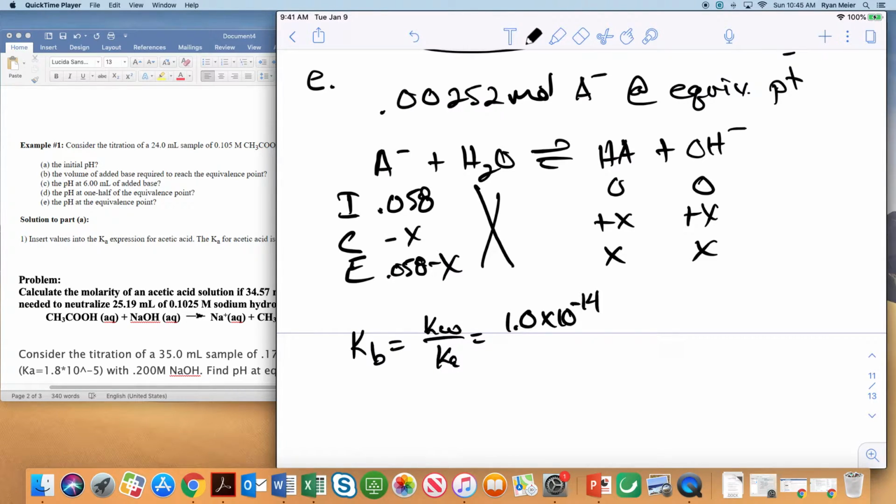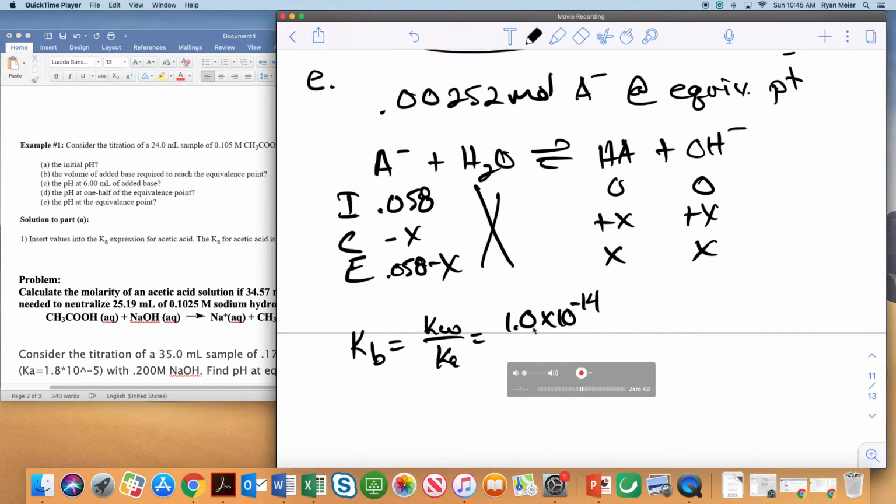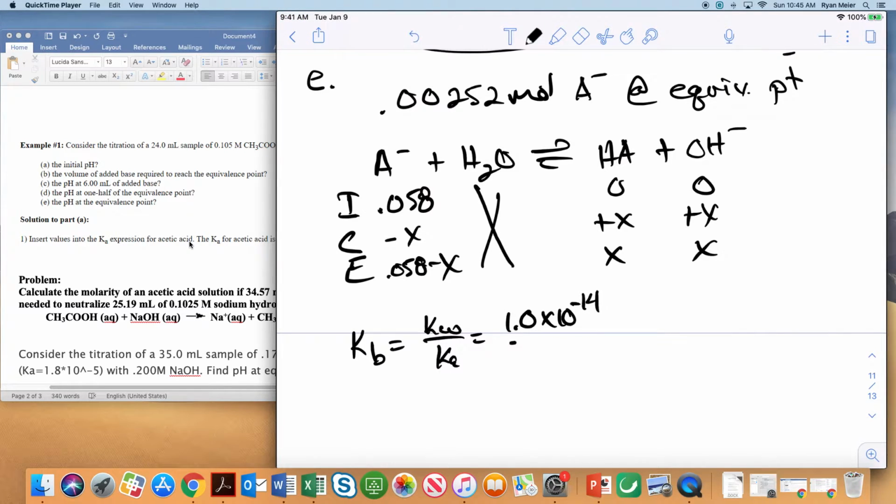Since A minus and HA are the acetic acid's conjugate base pair, I have the Ka of the acid, 1.77 times 10 to the minus 5. So that means I can find my Kb. And it looks like my Kb should come out to about 5.65 times 10 to the minus 10.